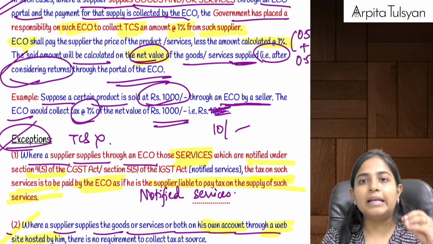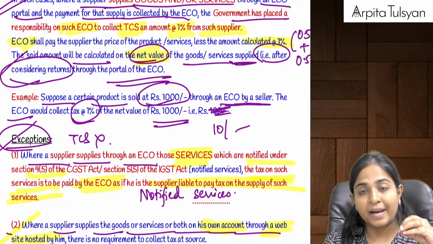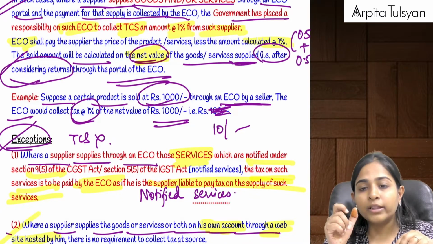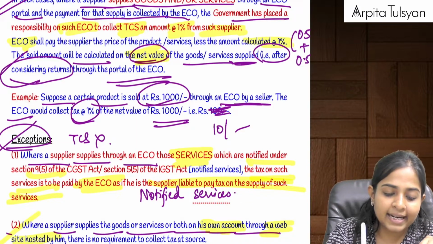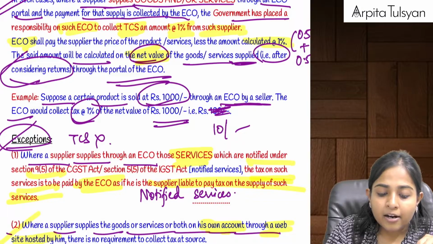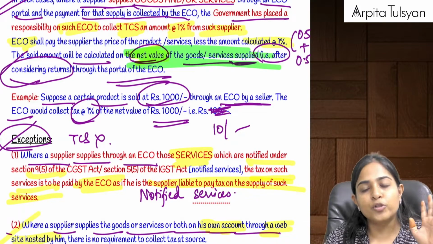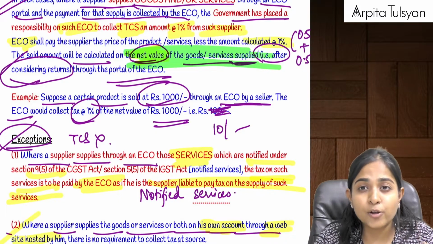Now, similarly, here also in case of TCS, when the ECO is making the payment to the supplier, then 1% TCS will be collected on the net value. Okay, on the net value, I'll highlight it for your quick reference. 1% TCS will be applicable on the net value of goods or services supplied. Sometimes there can be returns also, goods return also.